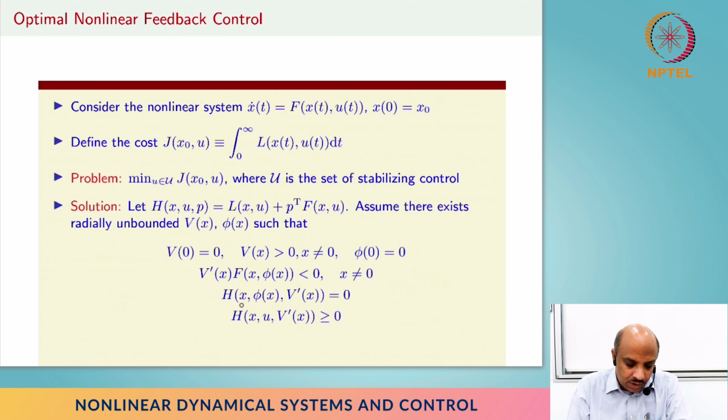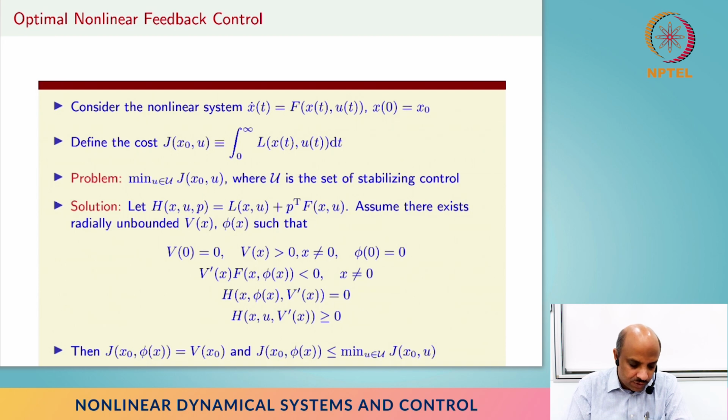H basically satisfies an equality, and then H of x comma u comma V prime is going to be greater than or equal to 0 for all u. Then the conclusion becomes basically that the optimal cost is going to be exactly equal to this Lyapunov function evaluated at x0.